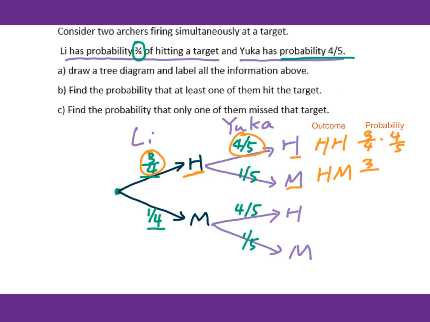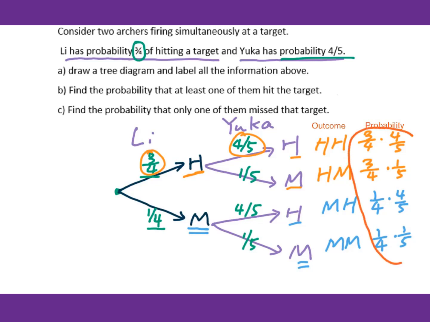Probability will be 3/4 times 1/5. Then we can look at this line, M and H. Probability will be 1/4 times 4/5. Then we have this is MM. Probability will be 1/4 times 1/5.